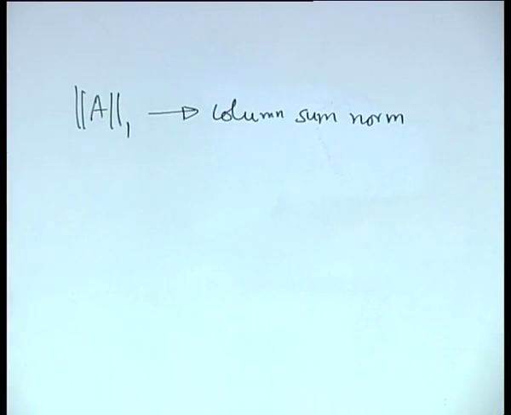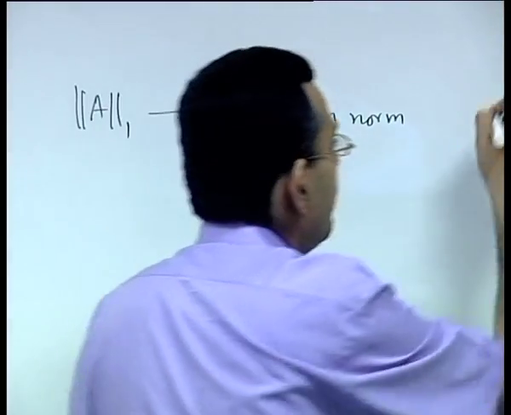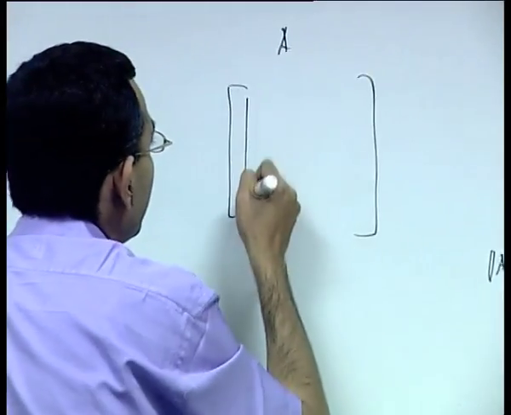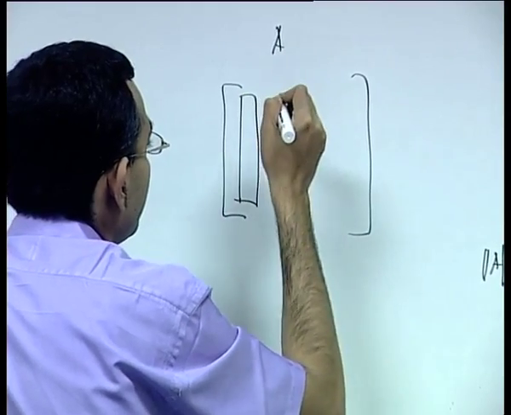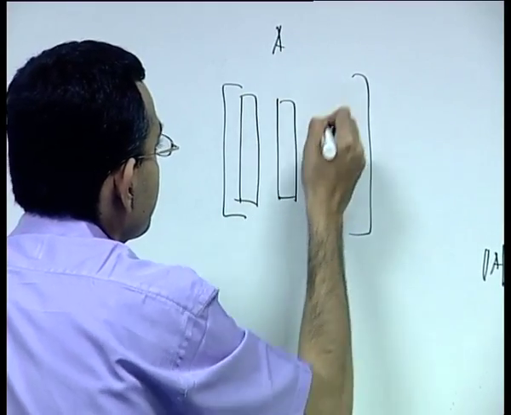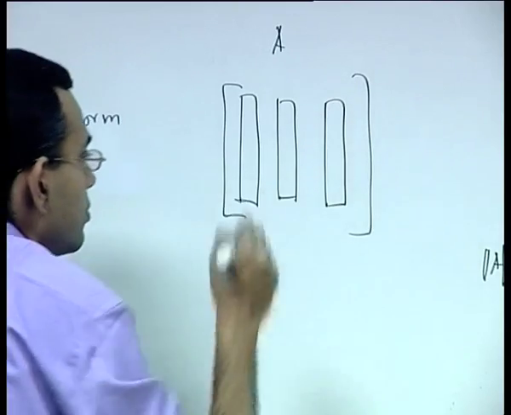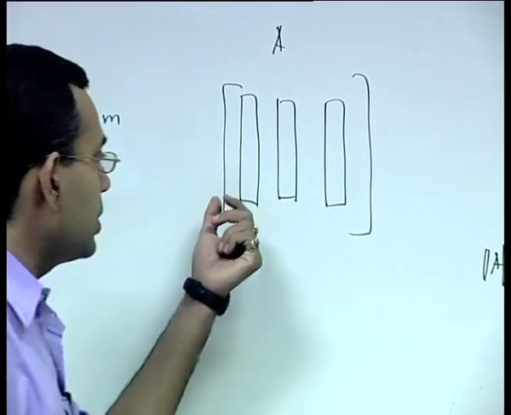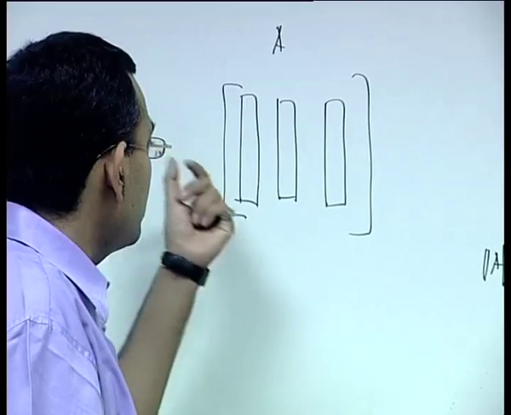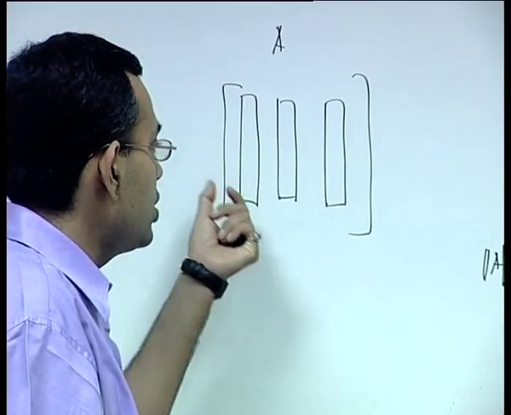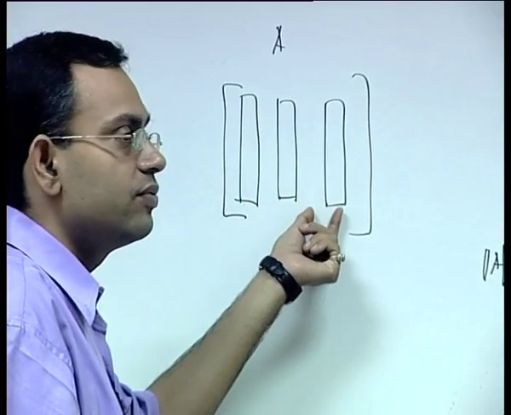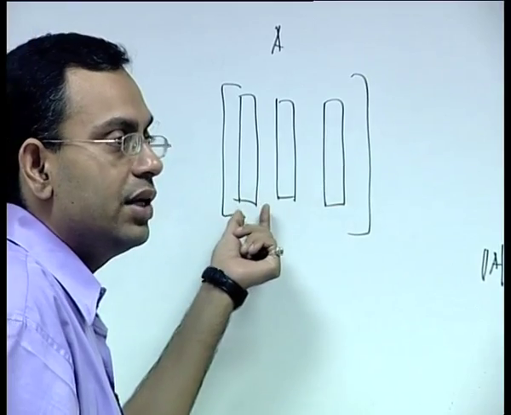What you do is, if you have a matrix A, you find the first norms of the vectors which are the columns of this particular matrix.